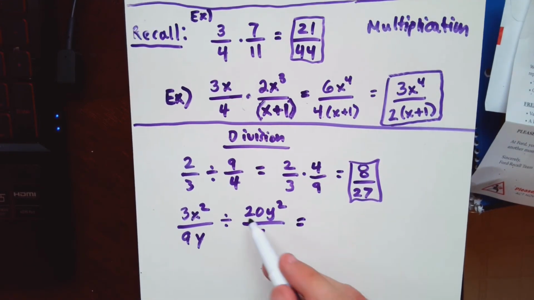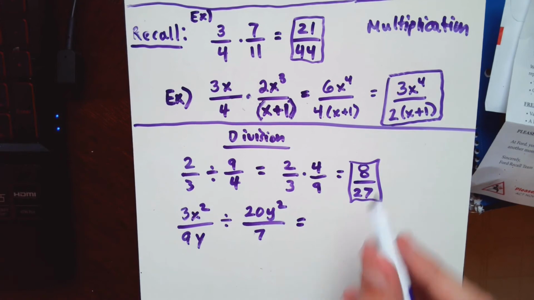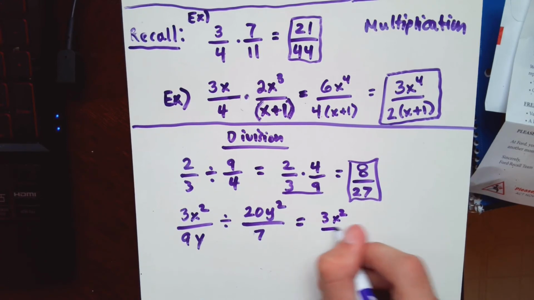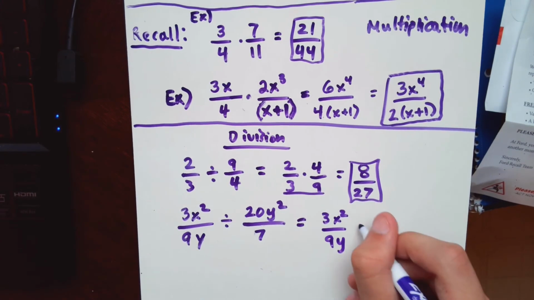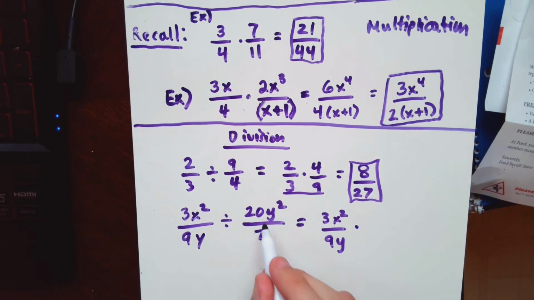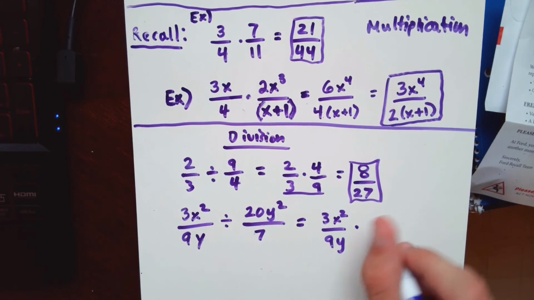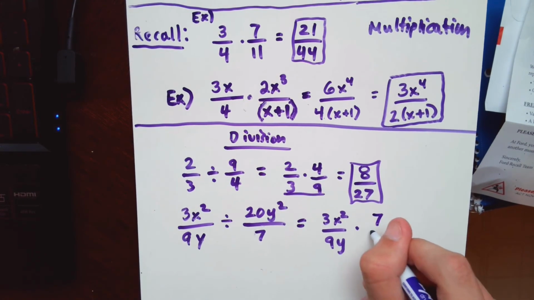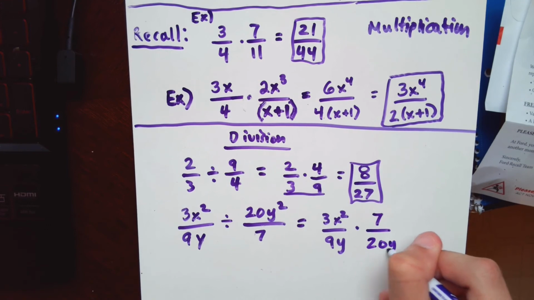Well, we treat it just like we did with the above problem. We turn it into a multiplication problem. So we rewrite the first part, 3x squared over 9y, but now instead of dividing, we turn it into a multiplication problem, and then we flip over the fraction we're dividing by. So we get 7 over 20y squared.